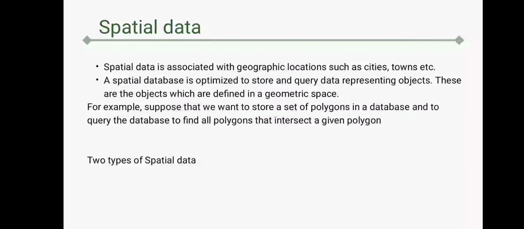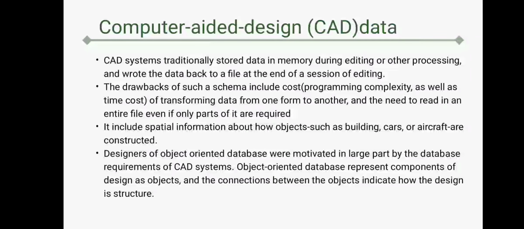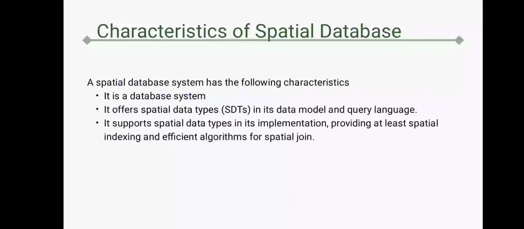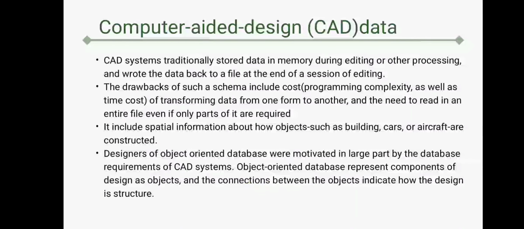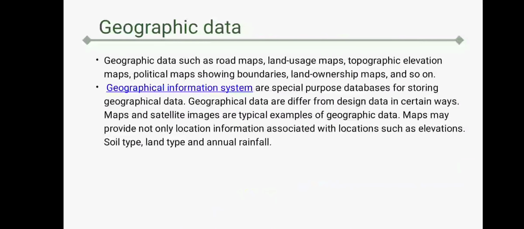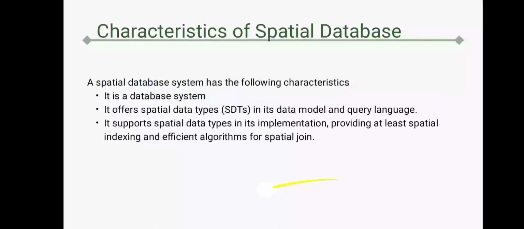We have also learned what is spatial data. Spatial data is associated with a geographic location such as cities, towns, etc. And we have also seen the types and the characteristics of spatial data. What are the two types of spatial data? That is CAD data and geographic data.